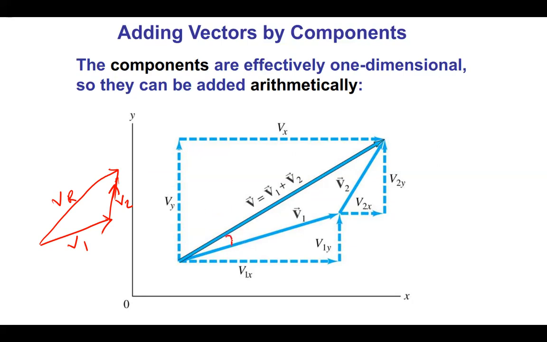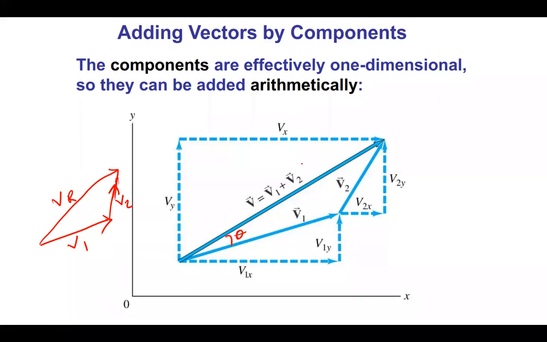Because this angle theta here is not a 90 degrees angle. Pythagoras only applies when you have a 90 degrees angle in the triangle. Otherwise, you don't apply it.